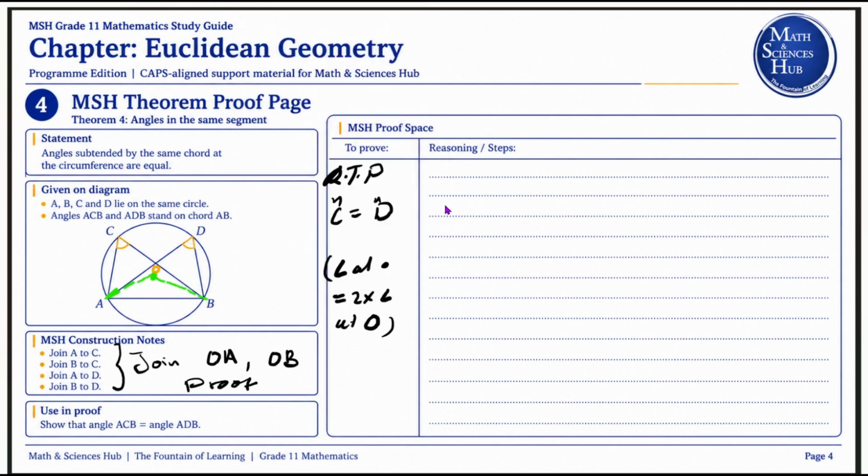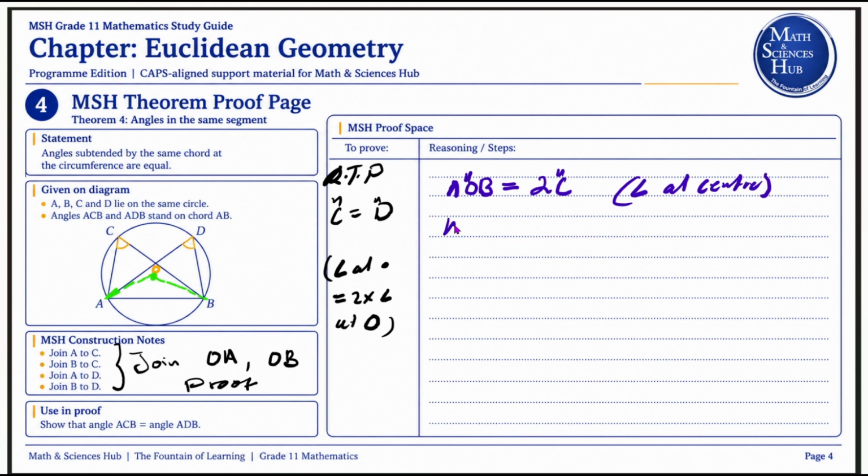So as part of our proof, we are going to say angle AOB equals twice angle C, and our reason is angle at center, right?